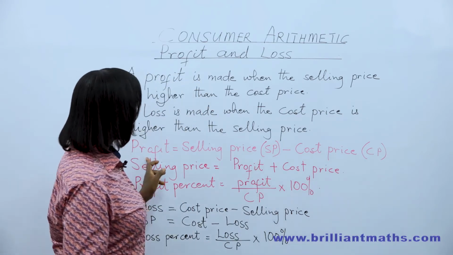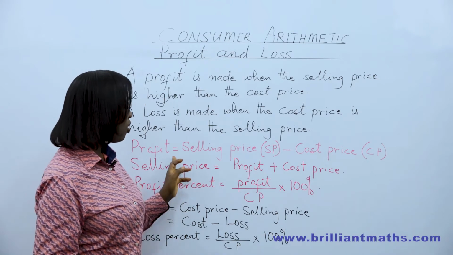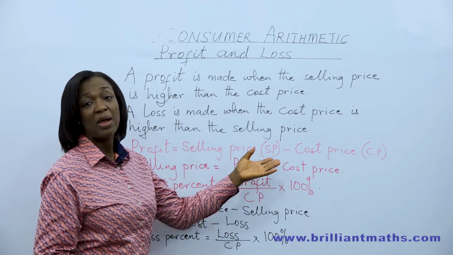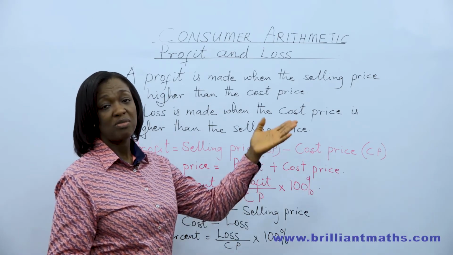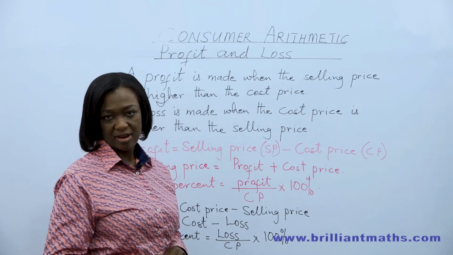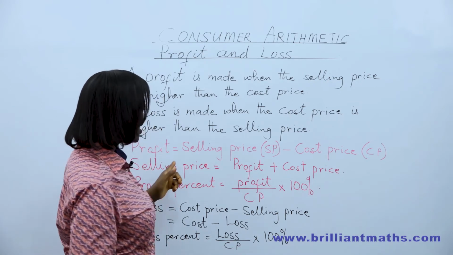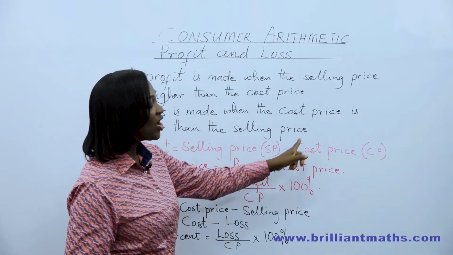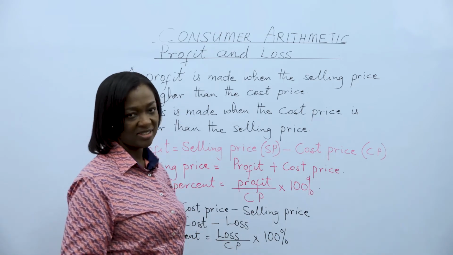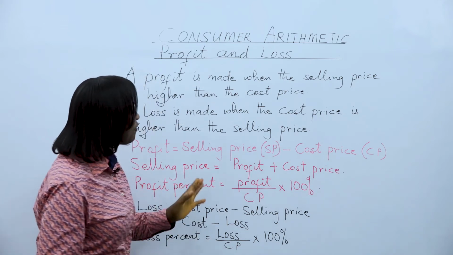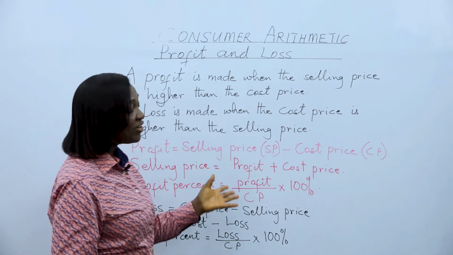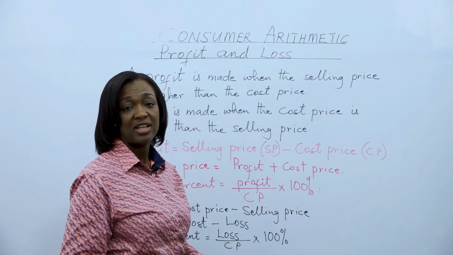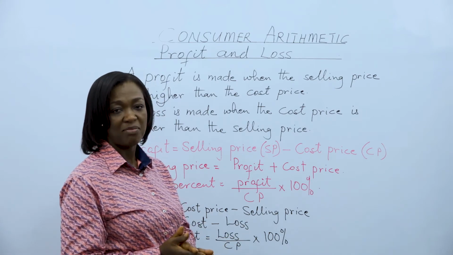So profit is equal to selling price minus cost price. Again, profit is selling price, take away cost price. And then if you have the profit and the cost price, then you can find the selling price.